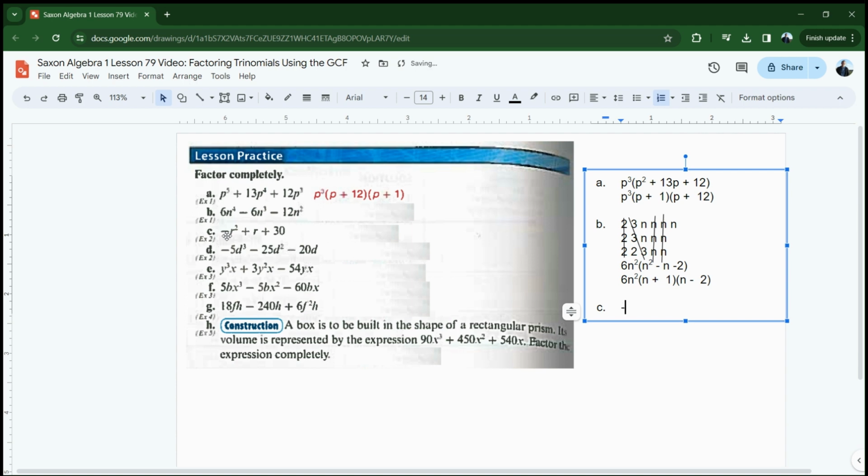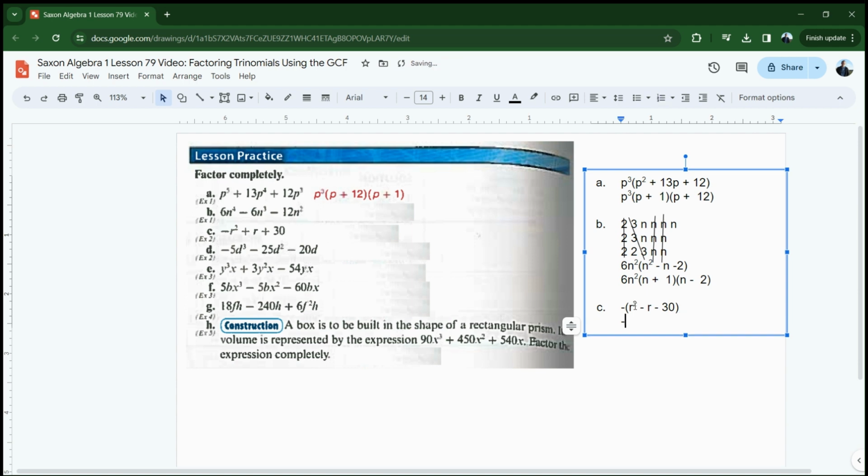That's kind of what we're doing with all the other ones. Now, because I'm factoring out that negative, all of the other things are going to change their signs. So it's going to be negative r squared, okay, minus r minus 30. Notice that now my first term is positive, and that's what we're used to doing.